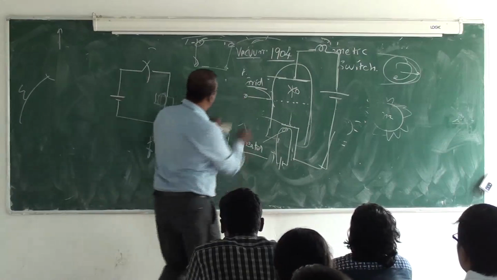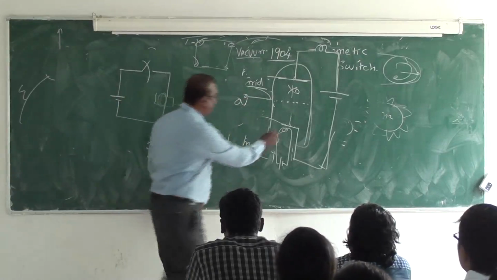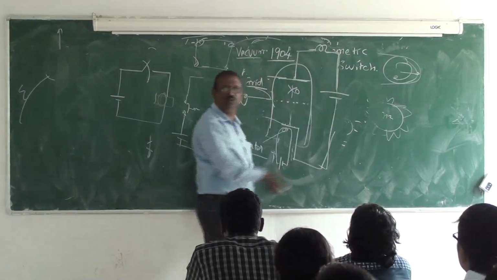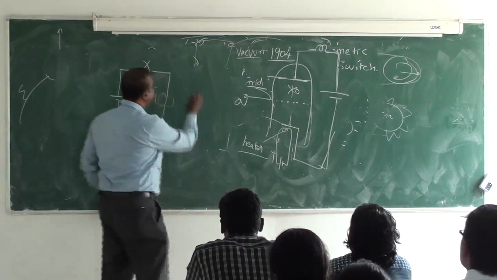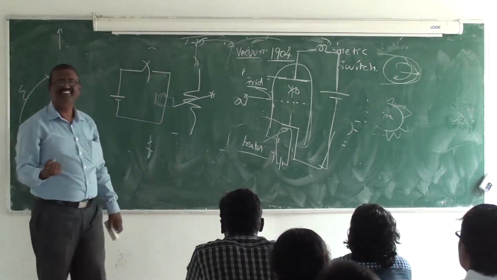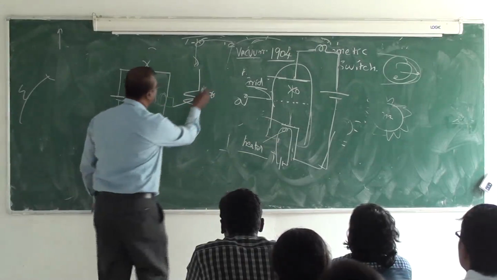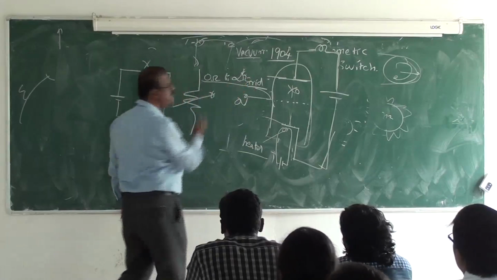When I give 0 volt here, what happens? No control. Every electron is going to go through. So they finally found out this vacuum tube is nothing but a variable resistor. It varies from 0 ohm to infinity ohm.